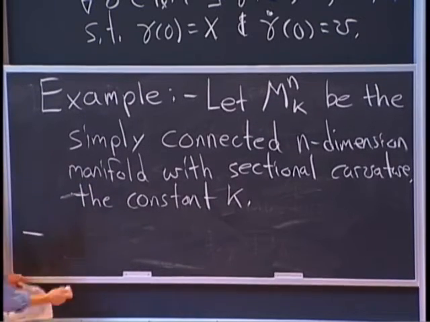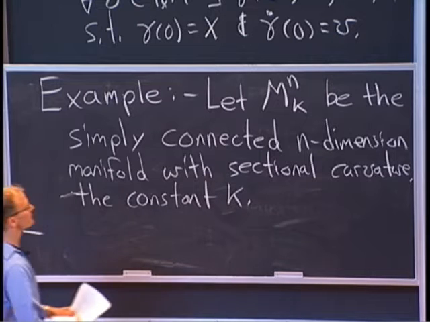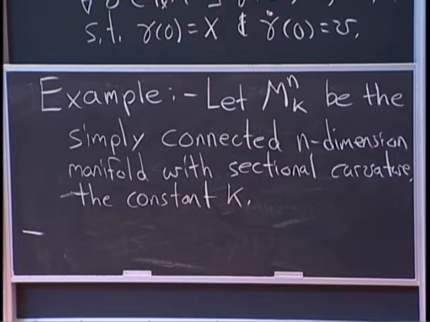So it's fun that we can write this example out completely explicitly. If you pick a dimension and you pick a K, there is, up to isometry, a unique Riemannian manifold which is simply connected, has dimension n, and has constant curvature K. Through a warped product construction, we can write it out explicitly.